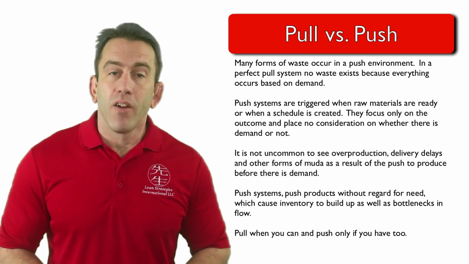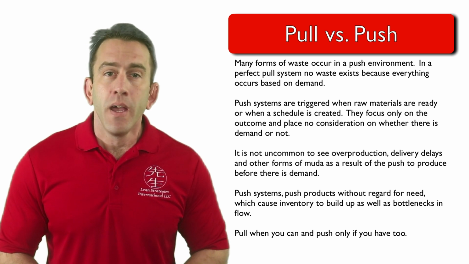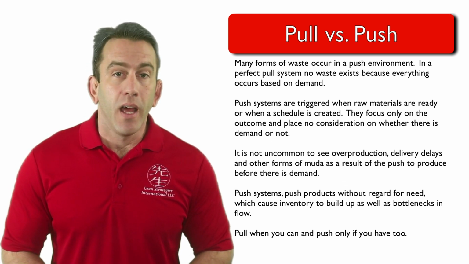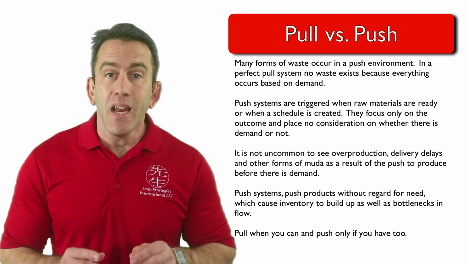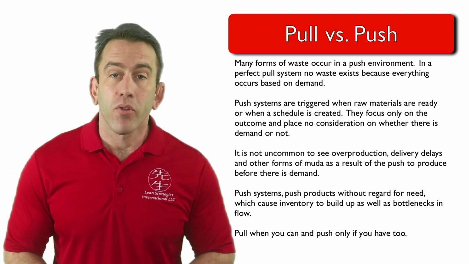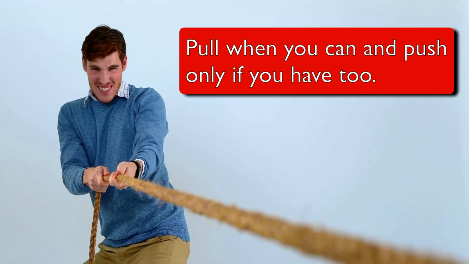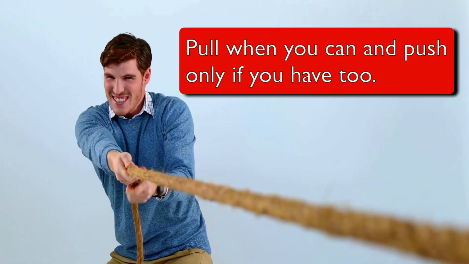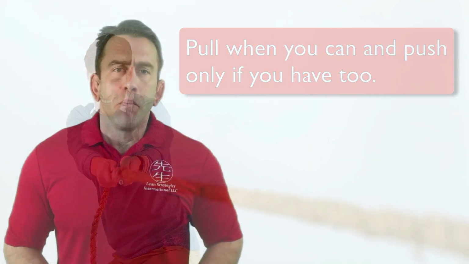This is one of the effects of overproduction. As you can see, push systems can create a lot of waste, and while your pull system may not be perfect right from the start, a good motto to begin with is pull when you can and push only if you have to.